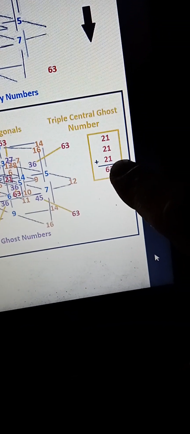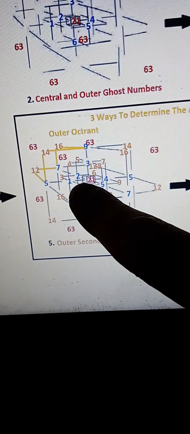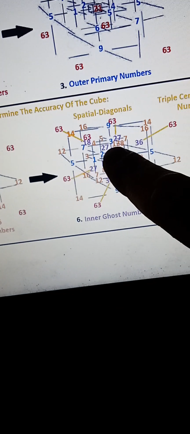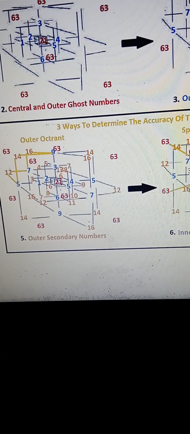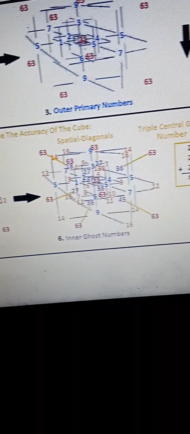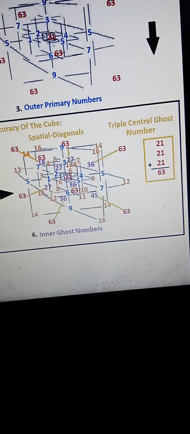But this is the third check, and in my opinion the most important one, because it shows a triple relation to the outer ghost number from the central ghost number. It's 21 added 3 times to get 63. So there's 3 checks: outer octant, spatial diagonals, and the triple central ghost number. This determines without a doubt the accuracy of the magic ghost number cube.